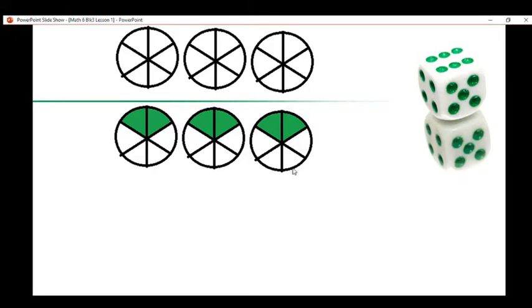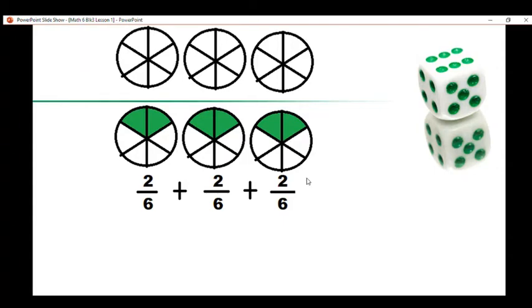So how much cake will be given to Sarah? As you can see here, in the first cake there is 2/6 plus 2/6 plus 2/6. We have like fractions.